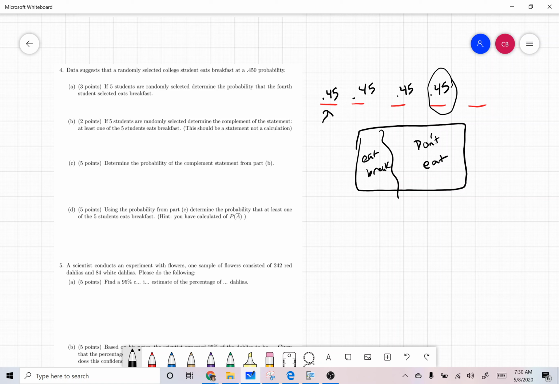So if you randomly select any person, let's say you pick five people. If you want at least one of the five to eat, you have to choose at least one person here, and the other four could be over here, and that would meet that criterion. Let's do it with red. In order for you to choose at least one, maybe you choose these two red ones, but then the rest of them fall out here. Or blue. Maybe you choose these three, and these two.